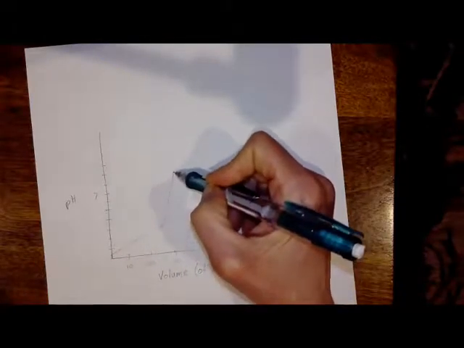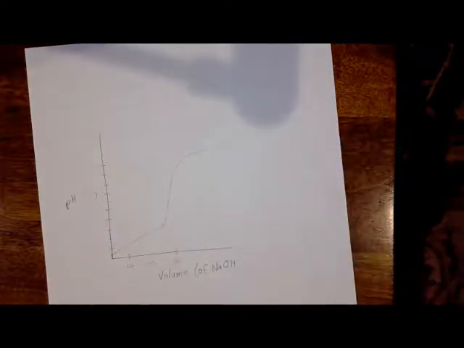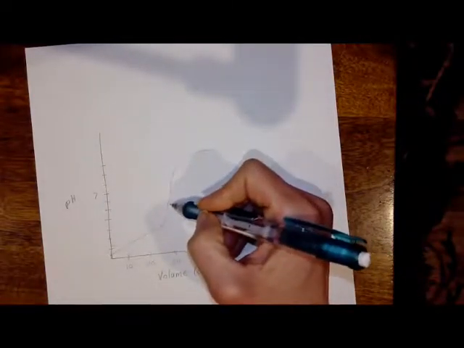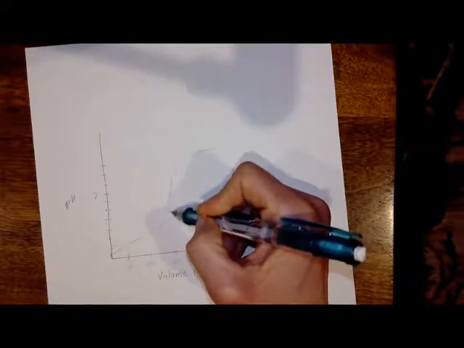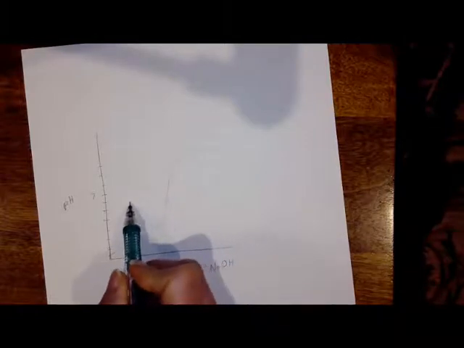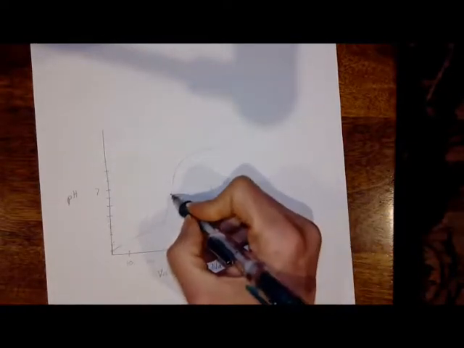And then once we get past 7, we're going to come back this way. Okay, so this is what our titration curve is going to look like. We can see that our equivalence point is right about here, and hopefully that gives us a pH below 6, about 5.55. Okay, so this is our equivalence point.